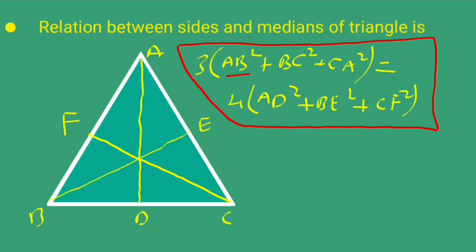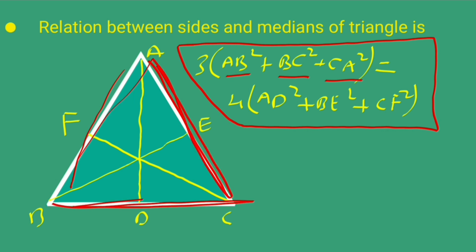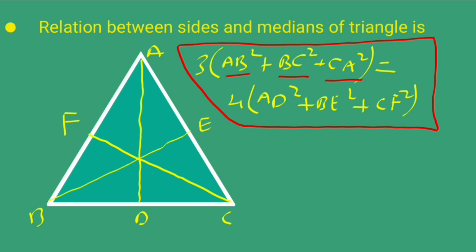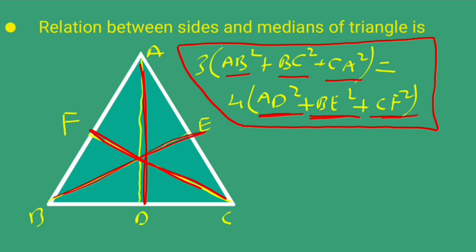AB, BC, CA are the sides of the triangle, and AD, BE, CF are the medians of the triangle.